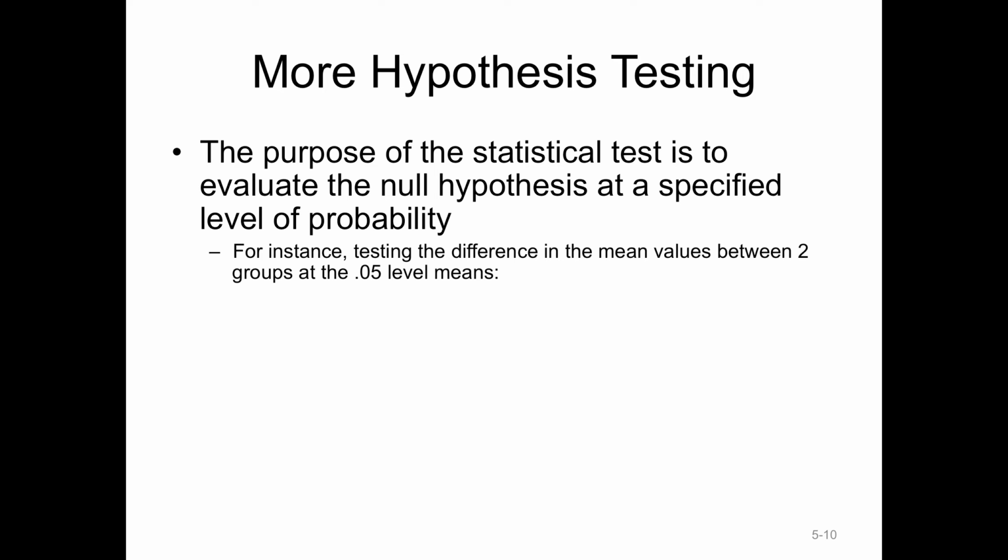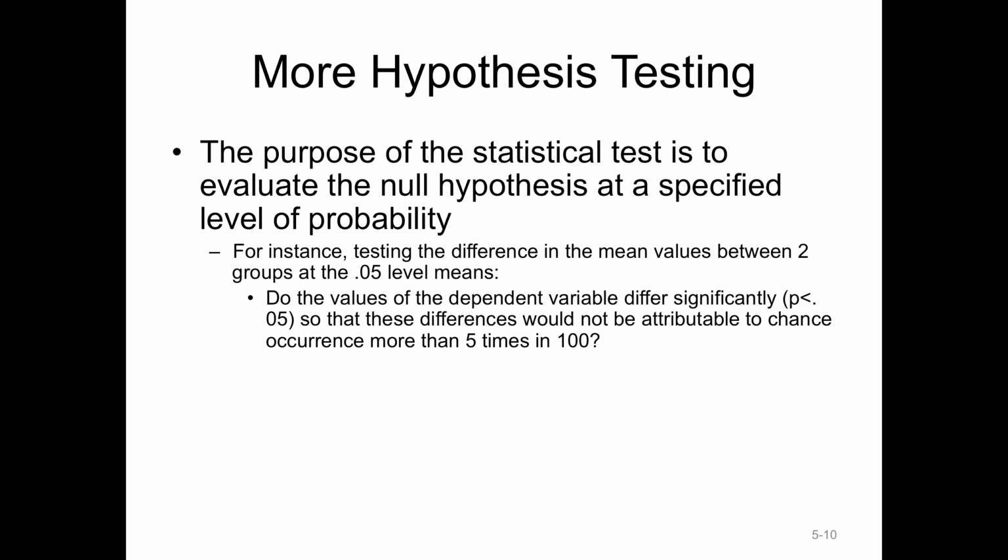And you've probably seen these probabilities abbreviated by a little p, with some number after it, like p equals 0.05 or p less than 0.05. And 0.05 is a typical probability value in experimental research, at least.